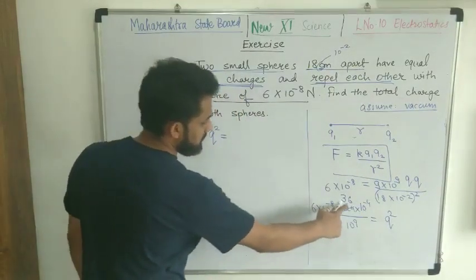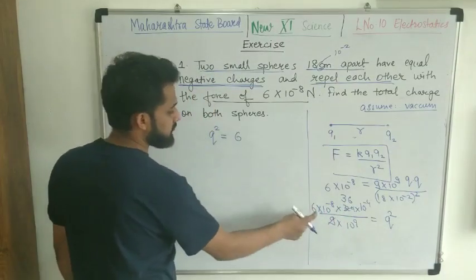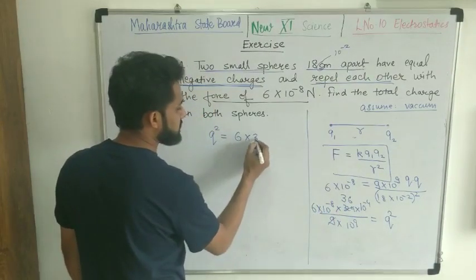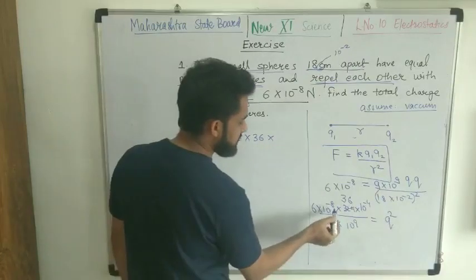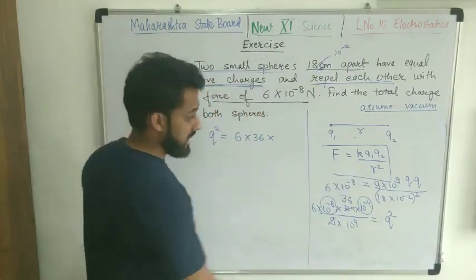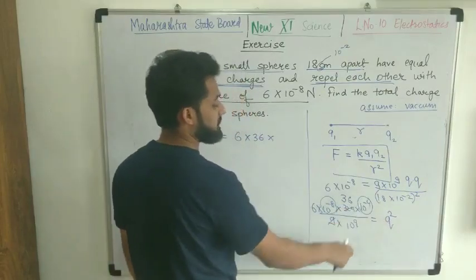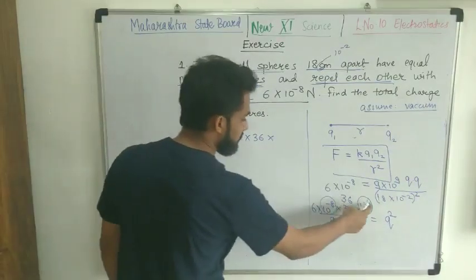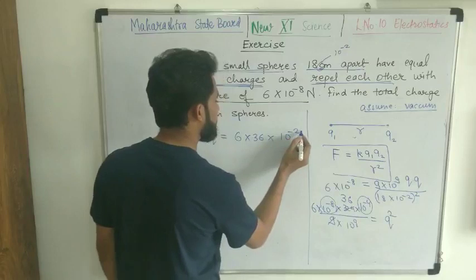So Q square becomes equal to 6 times 36. And all the 10 to the powers, if I combine, this is minus 8, minus 4 is minus 12. And if this 10 raised to 9 goes up, it becomes minus 9. So minus 12 and minus 9 is 10 to the power minus 21.